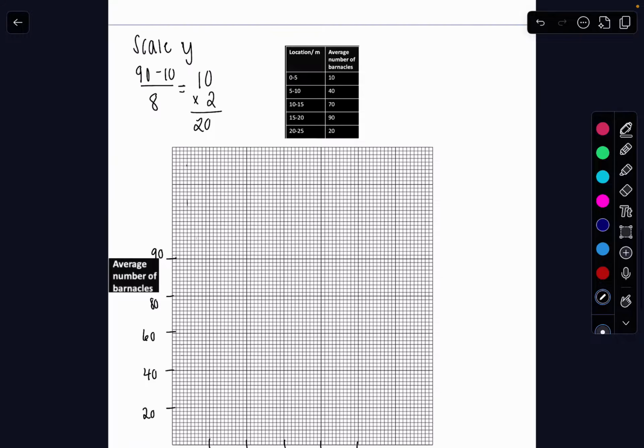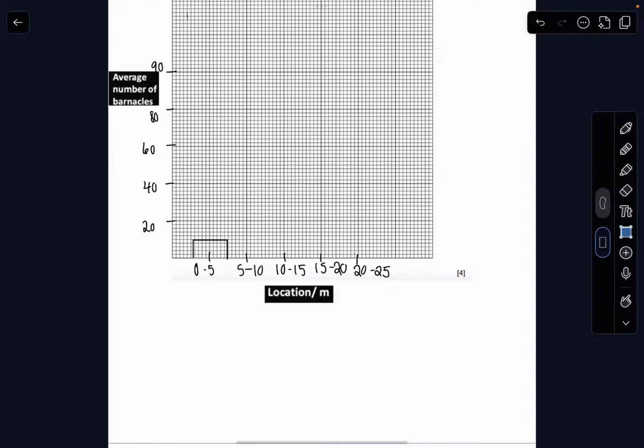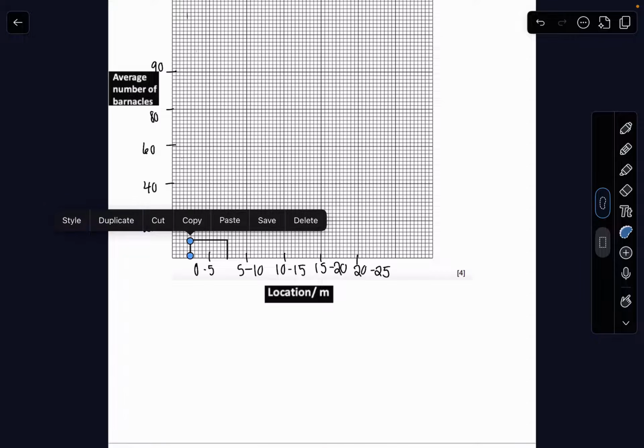Now, what we're going to do is draw our histogram. So, first things first, 0 to 5, we should be going up. So it should be 5 boxes on either side. And of course, we should have a straight line. Okay.